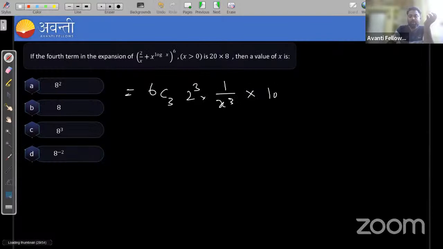Log of x to the base 2 we are getting, is it or not? Is there anything else we are having, guys? Log of 3 into log of x to the base 8.